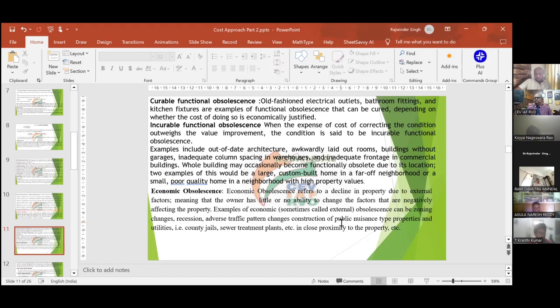A central jail will be constructed in the vicinity of the building. A major road will pass through on the front of the road, which will cause a lot of noise pollution. So there may be certain external causes which may reduce the value of the property, on which the owner does not have any power to stop that.